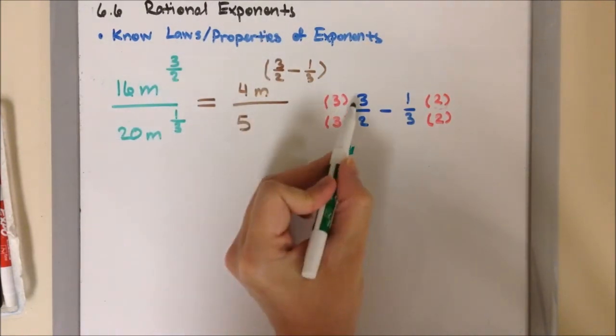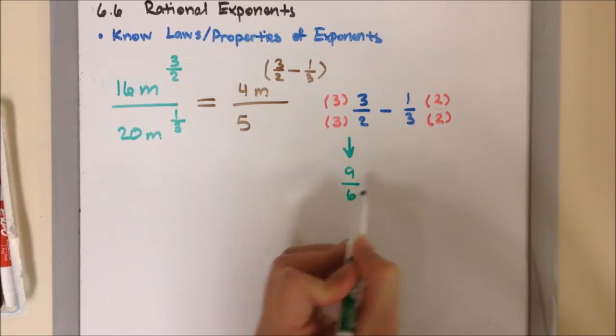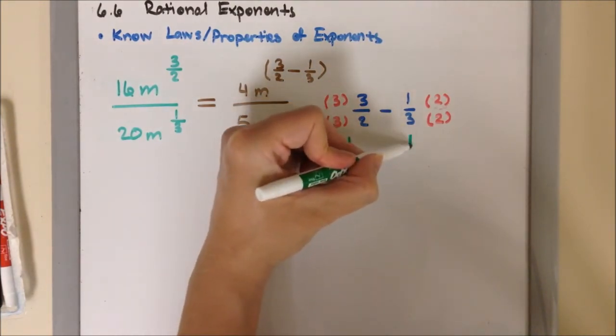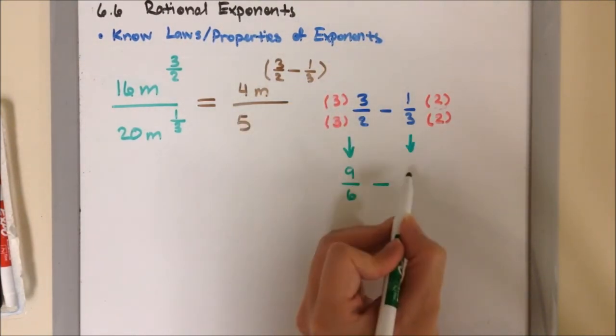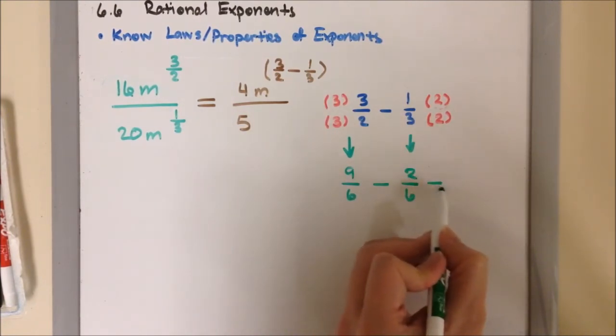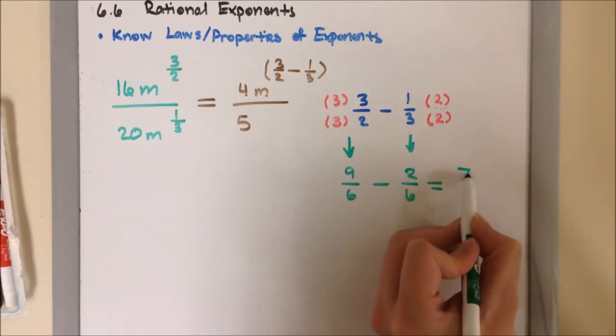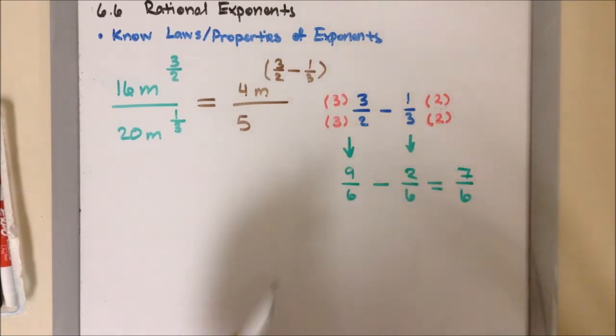Alright, so when I multiply the first fraction by 3, I'm going to have 9 over 6. And then when I multiply the second fraction by 2, I'm going to have 2 over 6. So since they have the same denominator, it's going to be 9 minus 2, which will be 7 over 6.